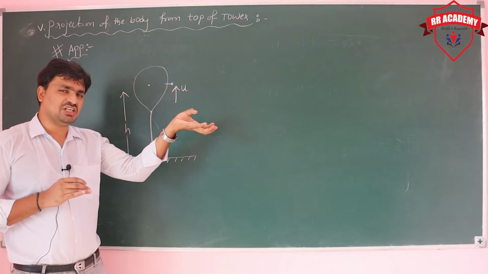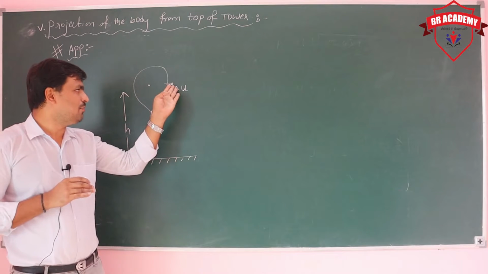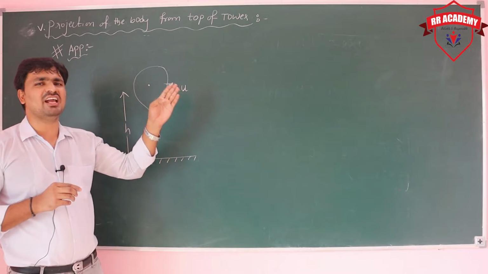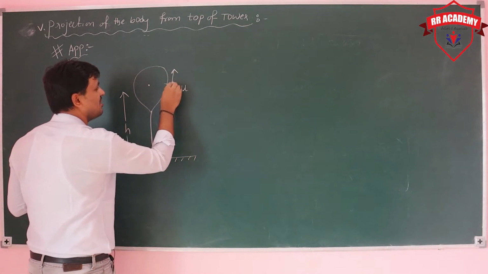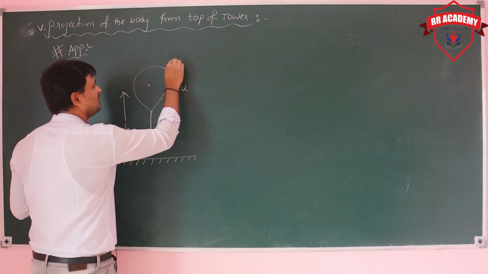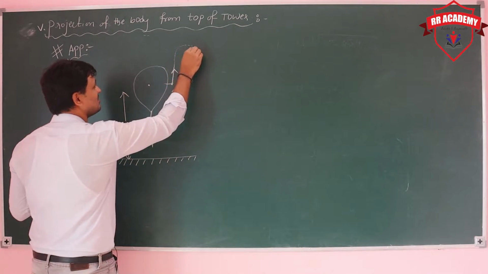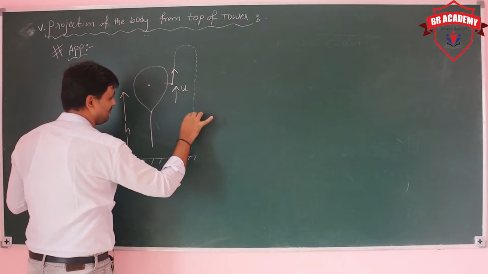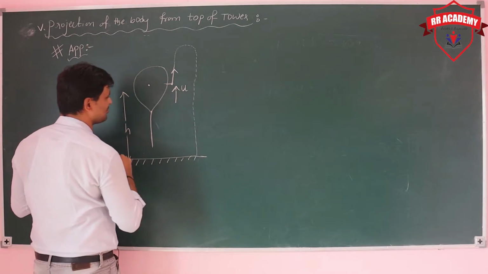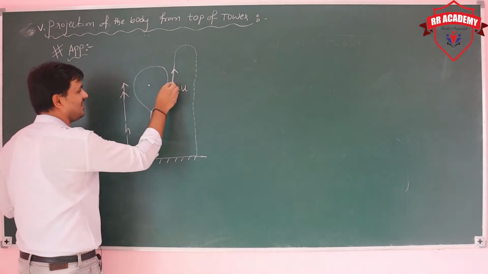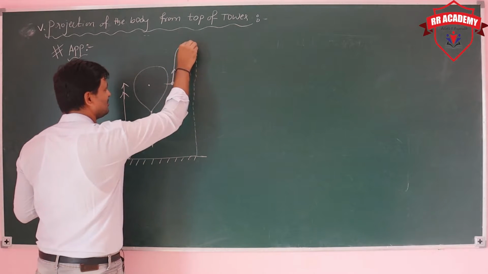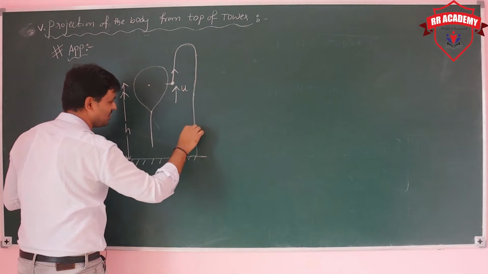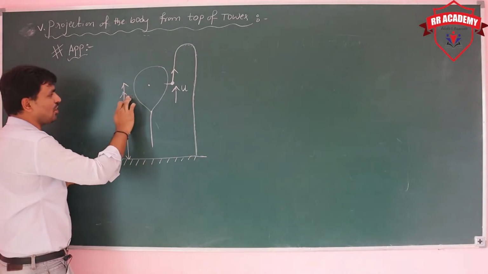You drop the object. That means at that time the body has initial velocity u in which direction? Upward direction. And it goes to some maximum height, reaches the maximum height, and again starts to fall. See the situation: the balloon is going upwards, and when it is at a height h from the ground, we drop an object.